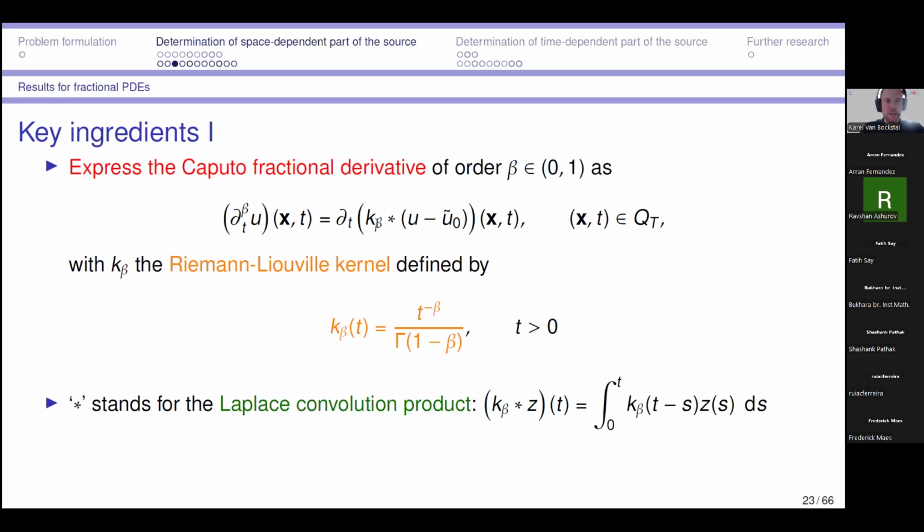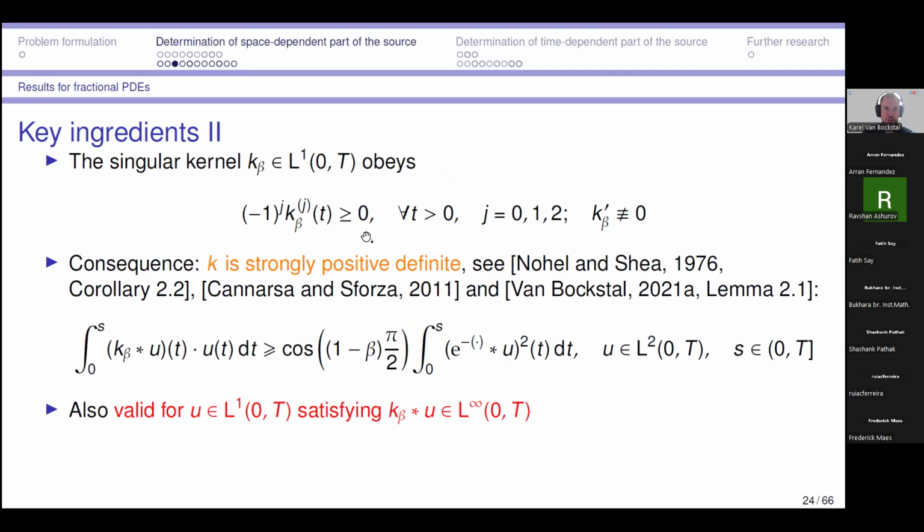So k beta is the Riemann-Liouville kernel. This asterisk sign is the Laplace convolution. And I used some very nice properties of this kernel, namely it's positive, it's decaying, it's convex, which in fact implies that k beta is positive definite, implying this lower bound with the coefficient cosine of (1 minus beta) multiplied with pi divided by 2.